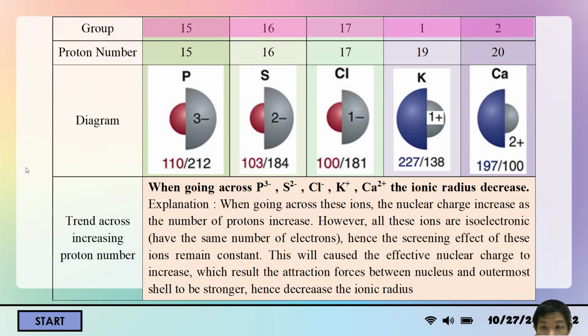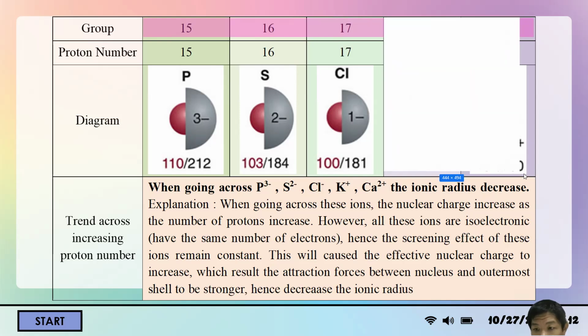In the anionic radius here, you see from phosphide ion, sulfide ion to chloride ion, as you can see from these values, the value is decreasing. So why is the value decreasing? If you look carefully, sulfur has the valence electrons 3s2, 3p4.